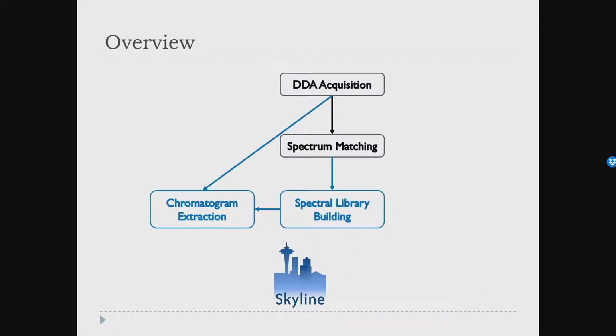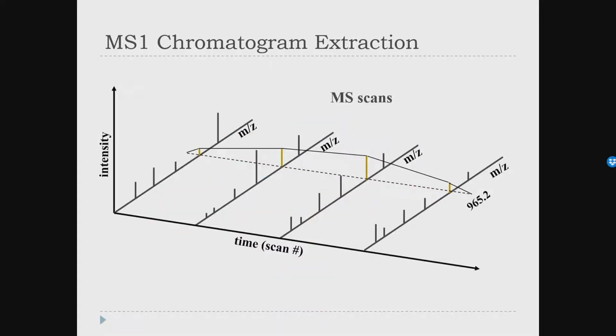So, and then this is what we're going to do today, the blue part. We're going to build our own spectral library, and then we're going to do chromatogram extraction with Skyline from MS1. So the chromatograms are coming from the MS1 scan. So we do the spectrum matching. We're going to build a library out of that, and then we're going to look for our peptides by extracting them out of the MS1 scans.